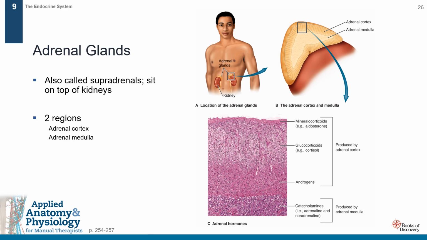The inner or central portion of each gland, the adrenal medulla, secretes a group of hormones called catecholamines. While the cortex has 3 regions that produce different corticoid hormones, the medulla produces the catecholamines adrenaline and noradrenaline.